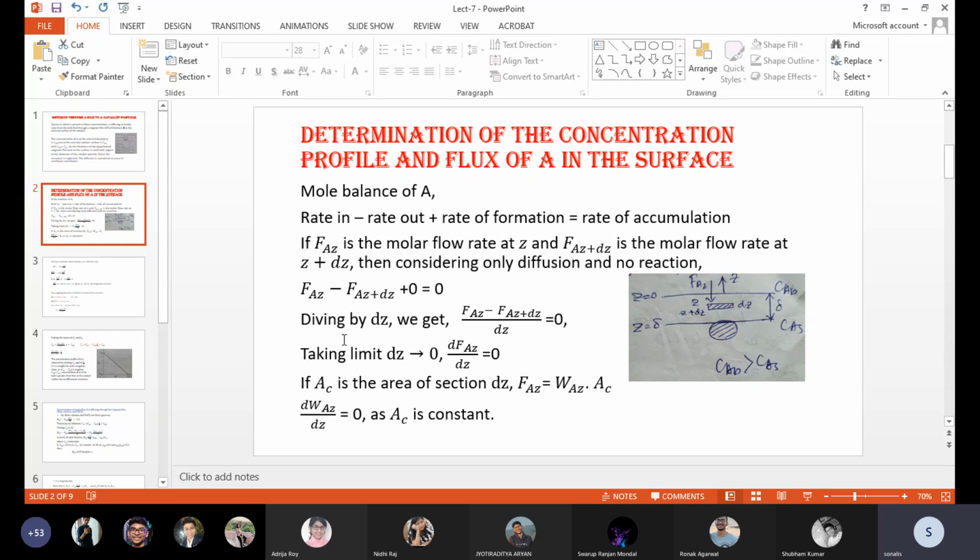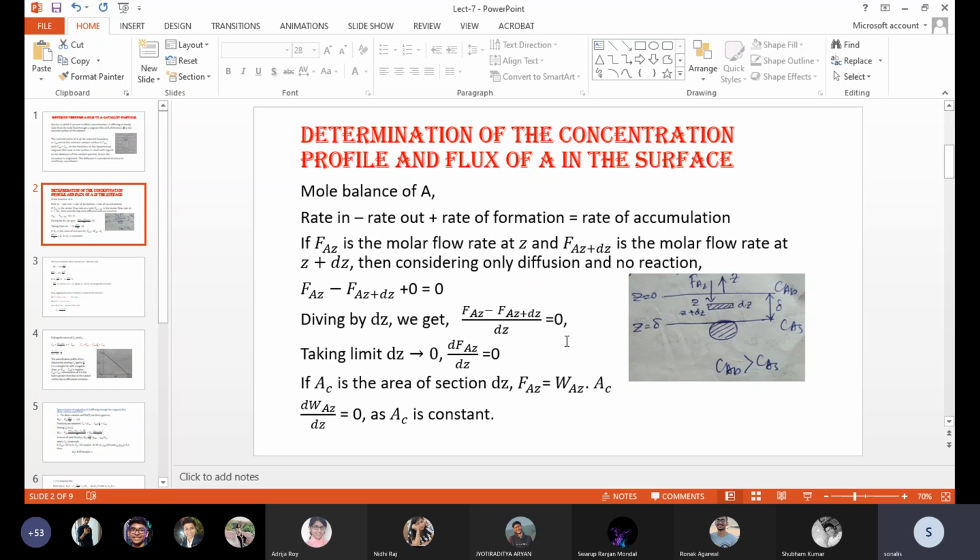So dividing by dz, we get (FAz minus FAz+dz) by dz equal to 0. And if we take the limit dz tends to 0, we get dFAz/dz is equal to 0.